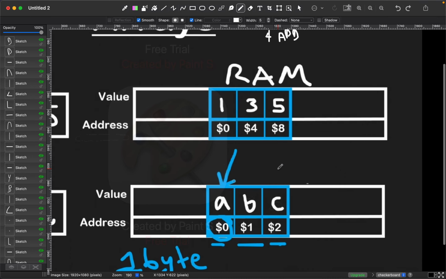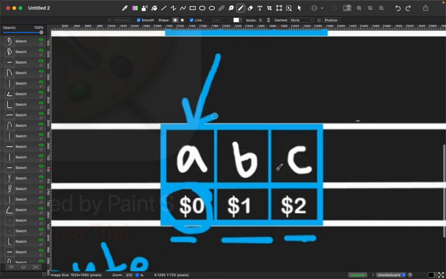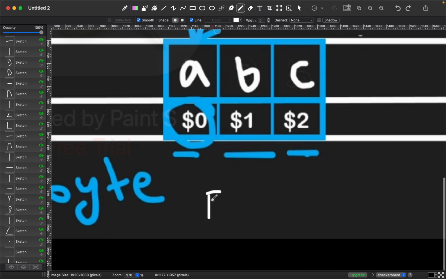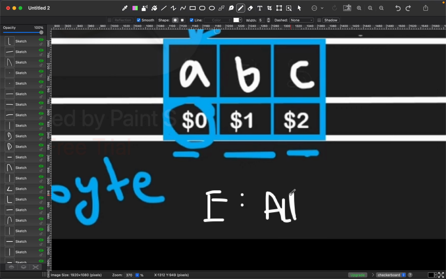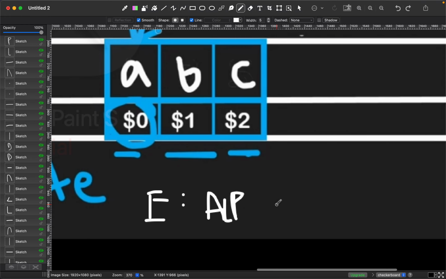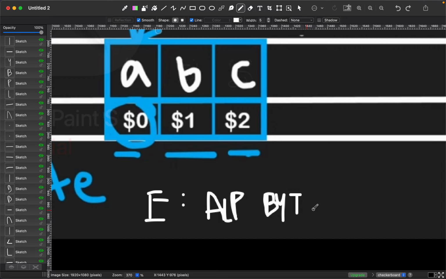And so on the opposite end, operation E is that for alphabets, it's likely for alphabets to have a byte of just 1.